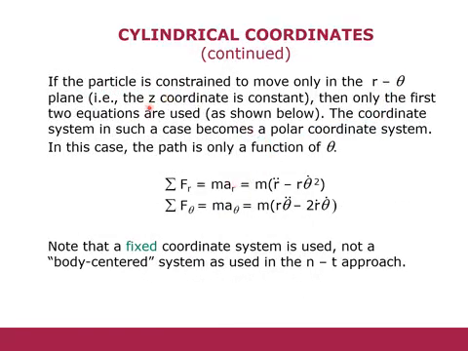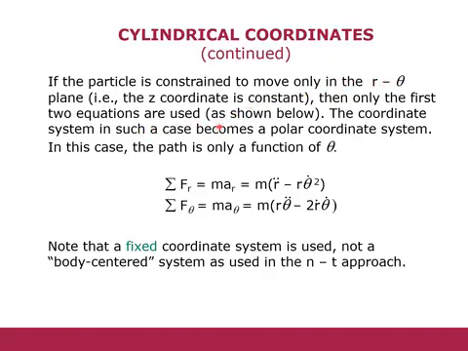If our particle or the curve is in 2D, and we only have two dimensions, which are only the radial and the transverse direction, and if the z coordinate is constant, then we can define the motion of our particle in a 2D plane, or in the r theta plane.